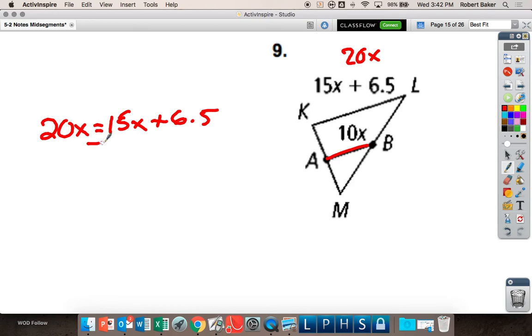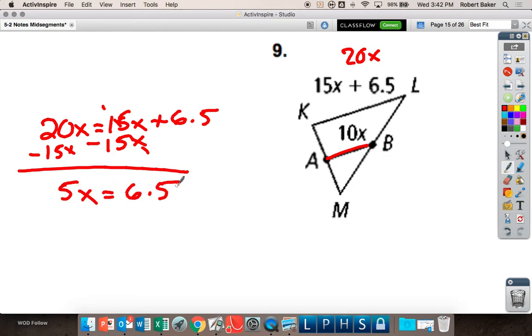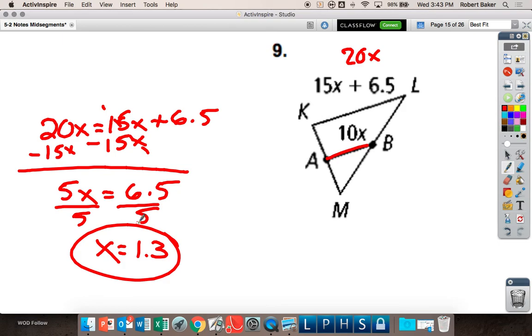So minus 15x on both sides. That's what I was saying. It doesn't tell you how long the midsegment is, but what is 10 times 1.3? 13.